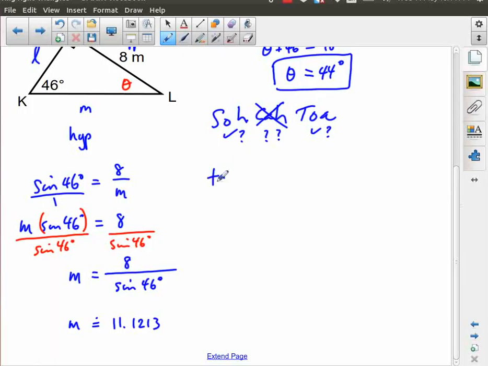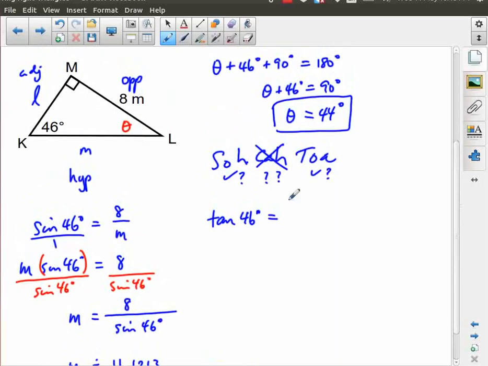So let's find tan of, once again, 46 degrees is equal to opposite over adjacent. The opposite side is still 8. The adjacent side is labeled with the letter L. We're going to cross multiply. This is over 1. Cross multiply just like before. L tan 46 degrees equals 8 times 1, which is 8.